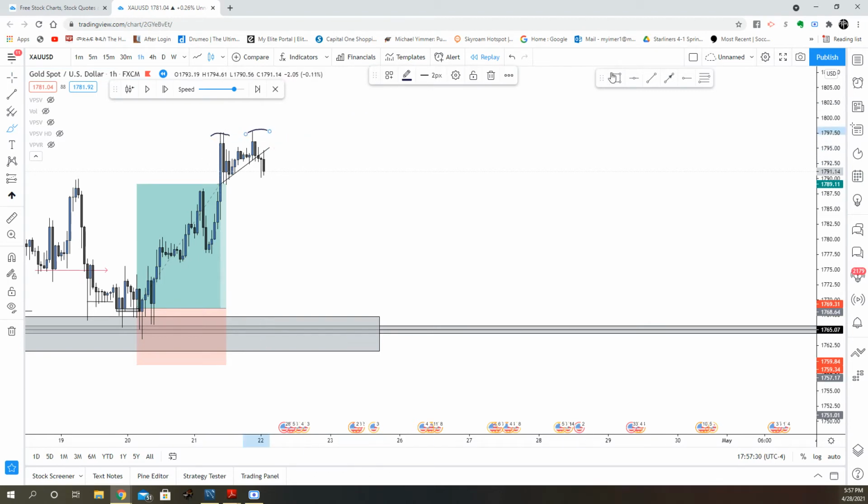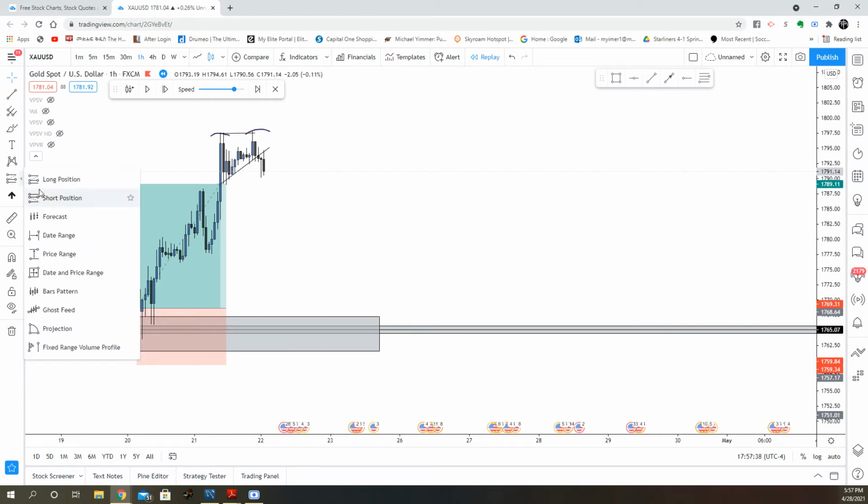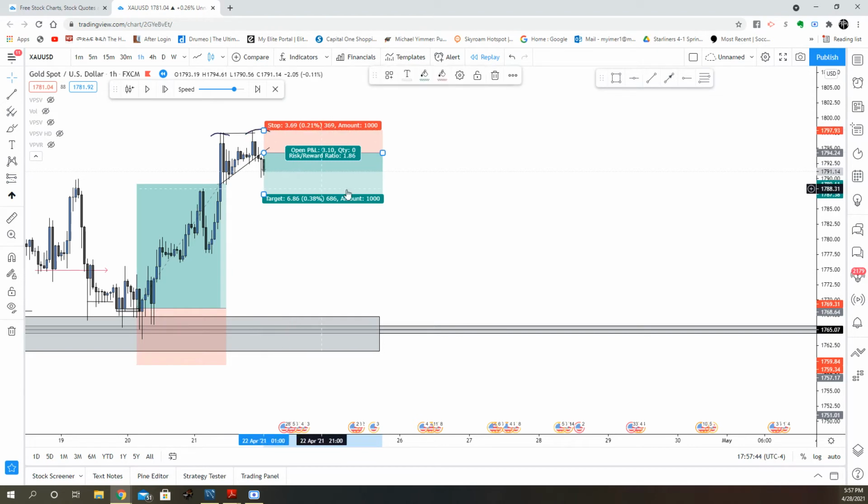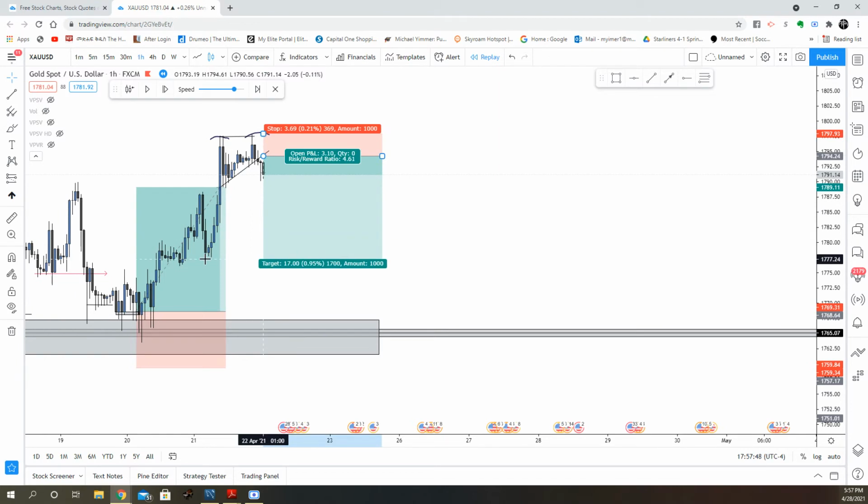Equal highs, if you can see. So I would take a short, low risk, somewhere here. My target is previous rejection or previous structure, somewhere around here.